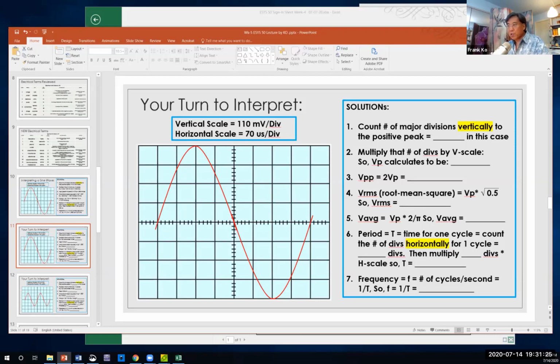Tawan, can you explain to us how we should do number 4? I got 311.13. You're almost there, but can you explain to us how to do it? You take 440 multiplied by square root.